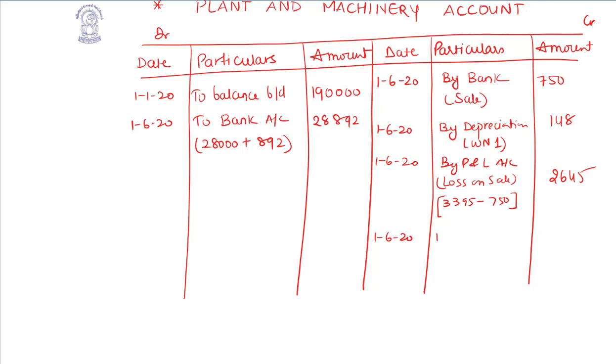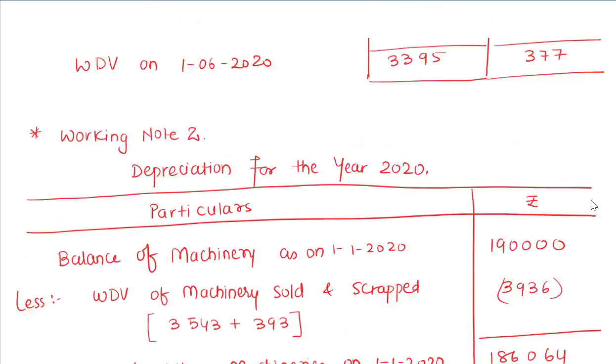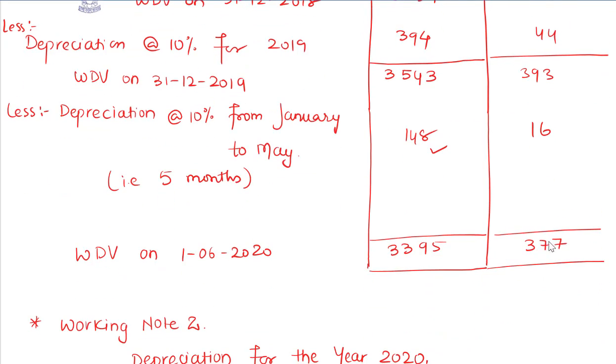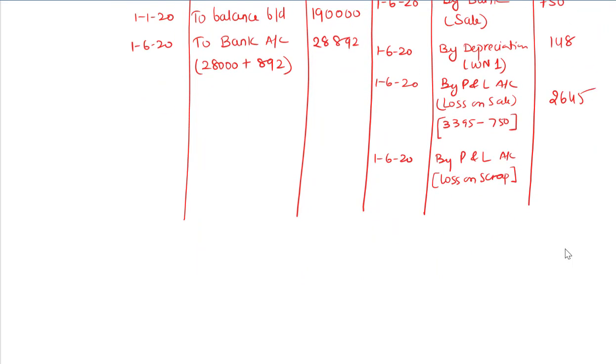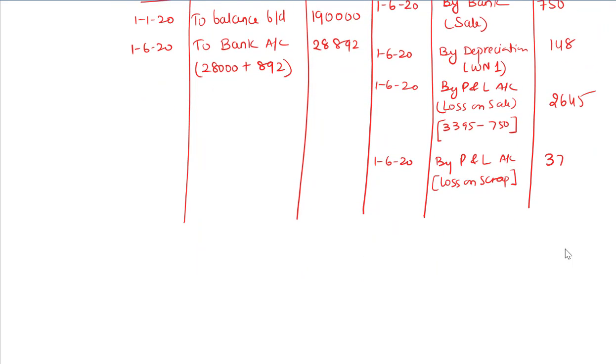On 1/6/2020, by P&L account, loss on scrap of another machinery, the amount is 377.